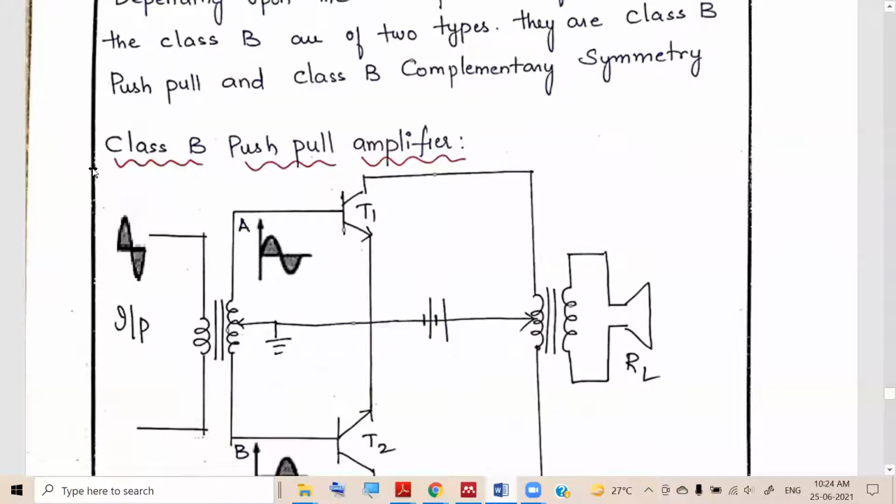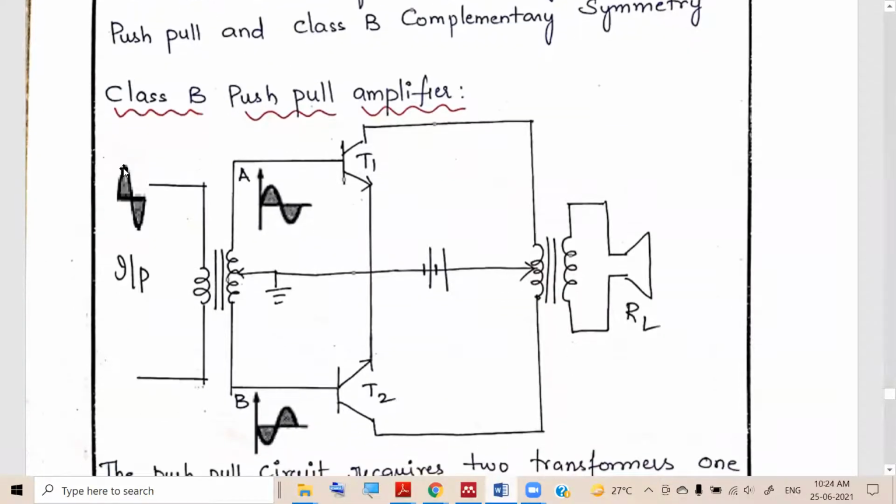T1 and T2, and the signals at the bases of the transistors are such that, compared to the signal at the base of T1, the signal at the base of T2 is inverted. This means when we have a positive half cycle at the base of T1, we have a negative half cycle at the base of T2.